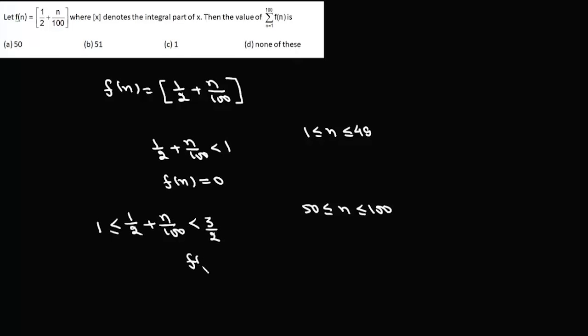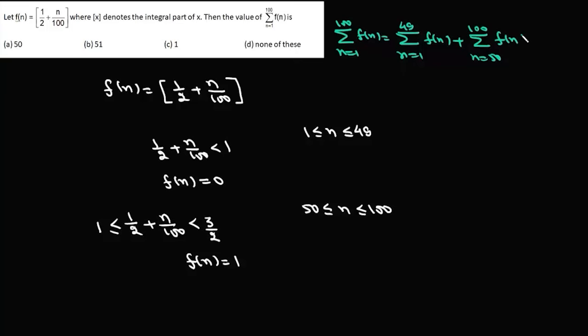So in that case, value of fn will be equal to 1. Now if we look at this required summation, it will be summation n varies from 1 to 100 fn. Now we can break this summation as n varies from 1 to 49 fn plus summation n varies from 50 to 100 fn.